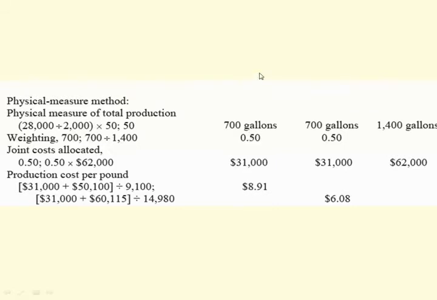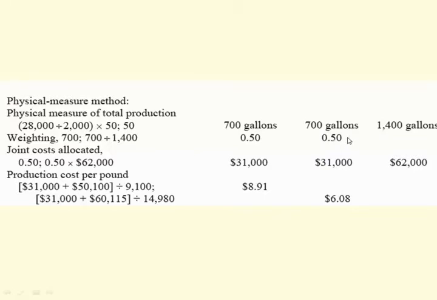Our first intermediate product, 700 gallons, and we calculated 700 before by multiplying 50 by 14, and the same here, 700 gallons also, with a total of 1,400 gallons. The weight or the percentage will be 700 divided by 1,400, which equals 50%, and also the same here, 50%.